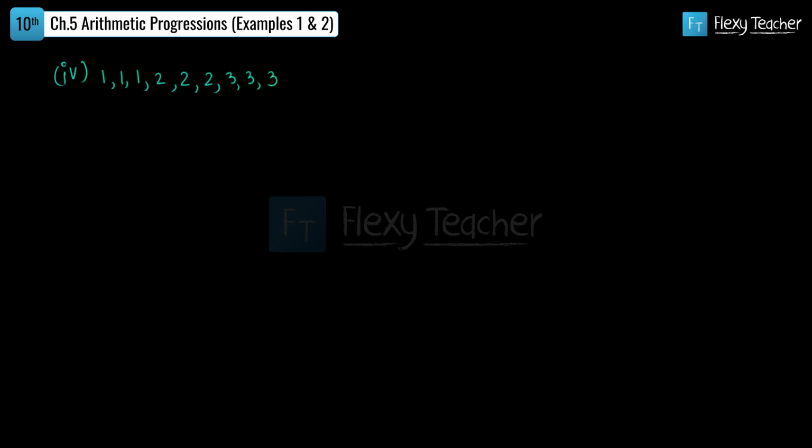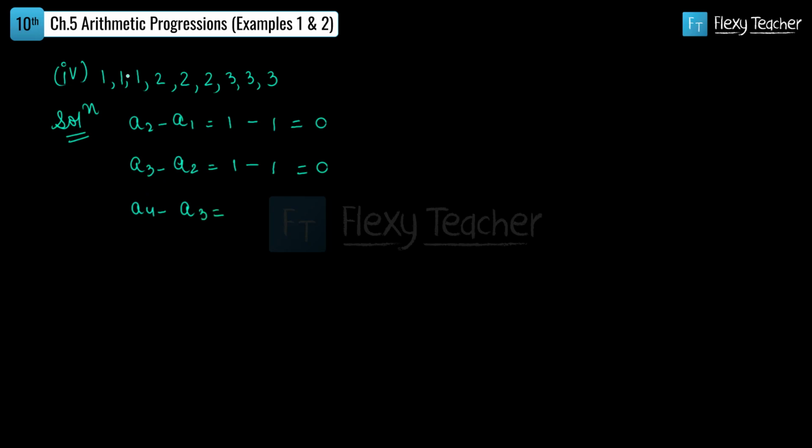Sum number 4. 1, 1, 1, 2, 2, 2, 3, 3, 3. Here also we will start with the difference. A1, A2, A3, A4, A5, A6, A7, A8, and so on. Let us start with A2 minus A1. So A2 minus A1 is 1 minus 1, equal to 0. Now let us take A3 minus A2. Again 1 minus 1 is equal to 0. Now let us do A4 minus A3.